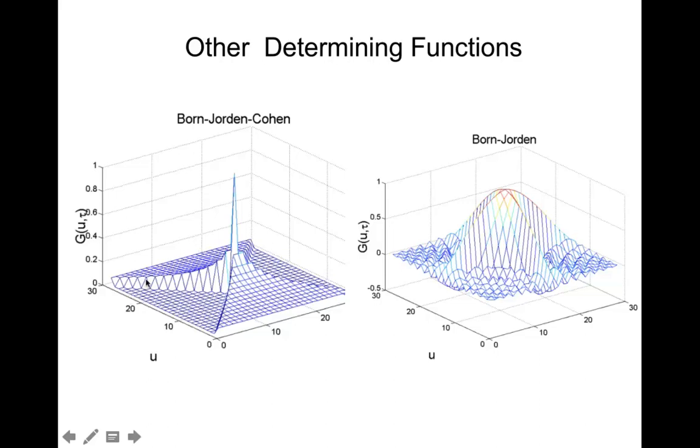Here is the distribution in u and t of those two functions. You can see this Born-Jordan-Cohen is much peakier. This one is smoother, but you get these ripples in the diagonal region. So clearly this one is going to be better at smoothing, but it's not going to be quite as good at zeroing out the off-diagonal elements as, say, this function will be.